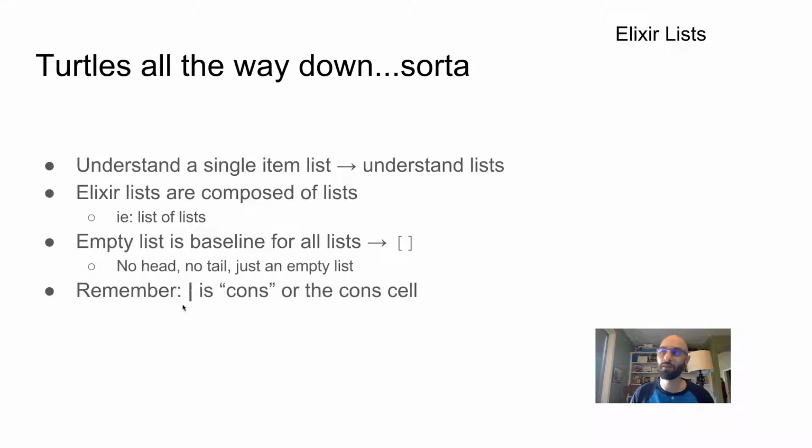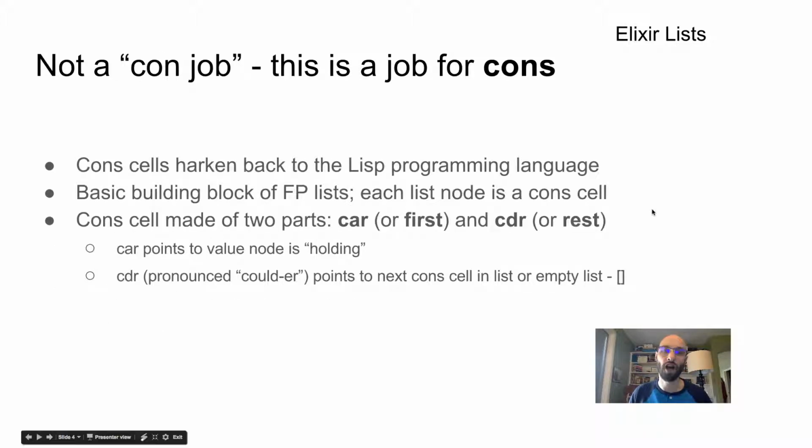A reminder, this pipe symbol right here, that is the cons, or the cons cell. Cons was short for constructor, and we're about to learn quite a bit more about that now. This is a job for cons.